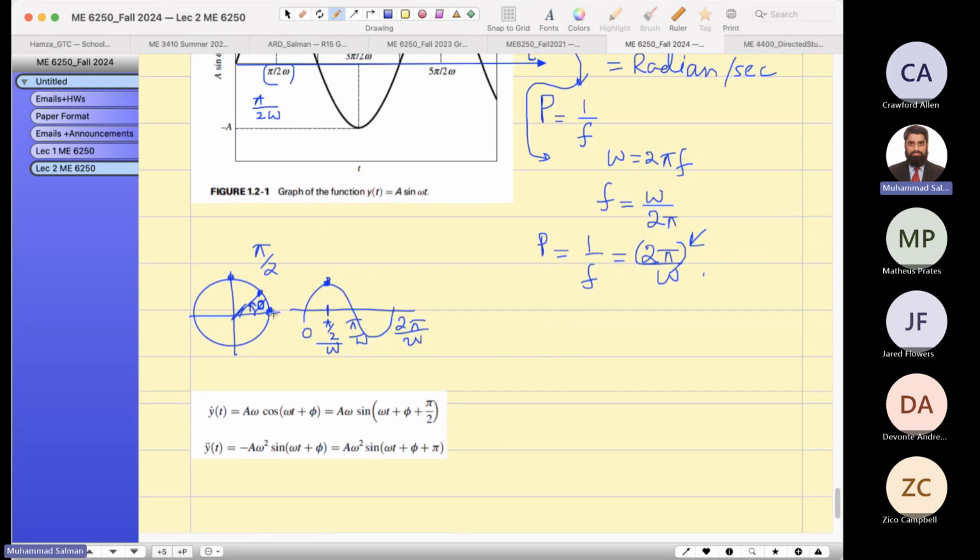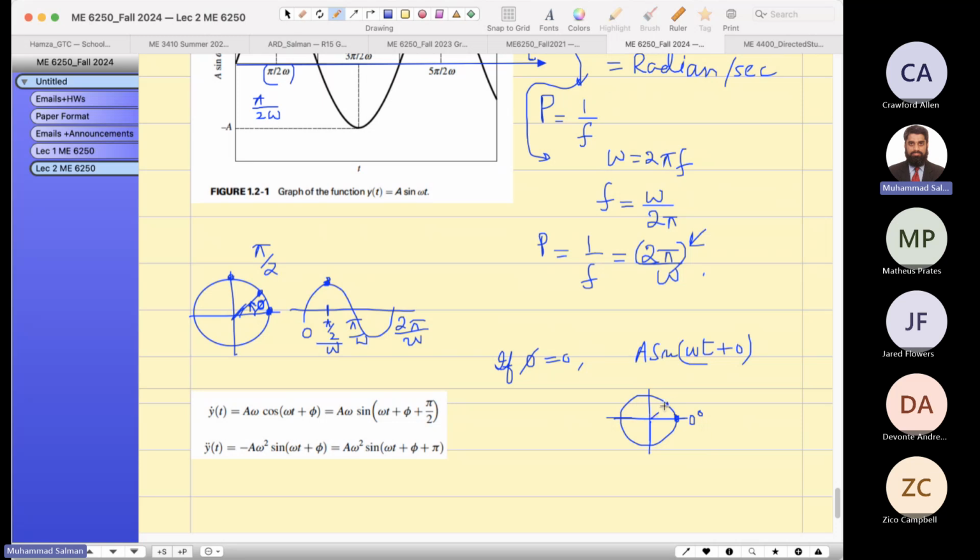This is starting from here exactly, without phase angle. If the phase angle is 0, the sine wave will start right at 0 angle. So A sine omega t plus 0 means it will start right from 0 radians, or 0 degrees. Both are correct.